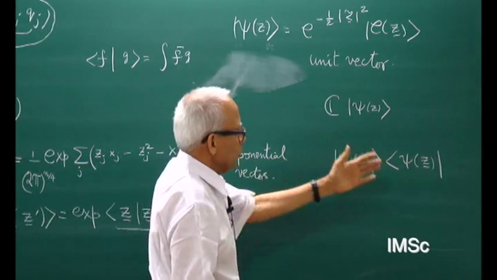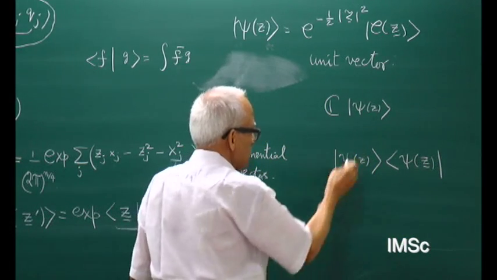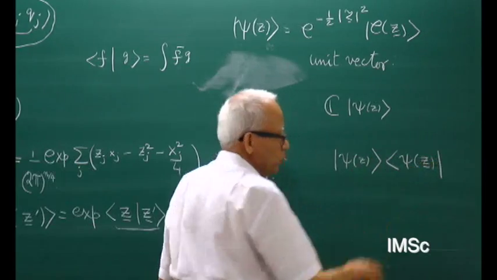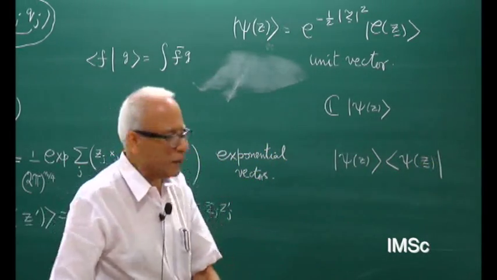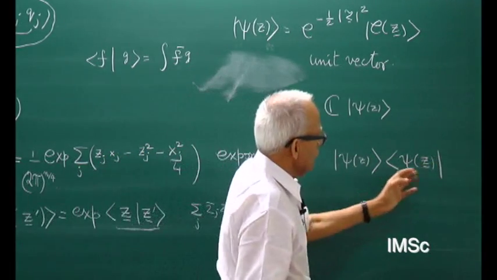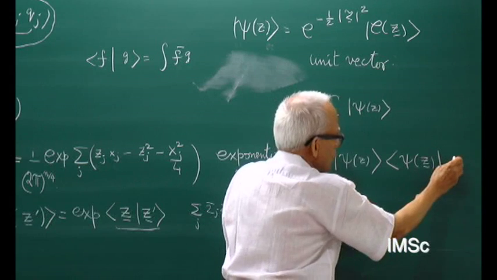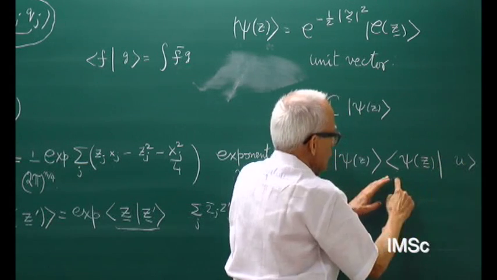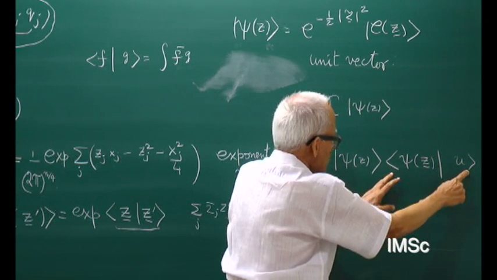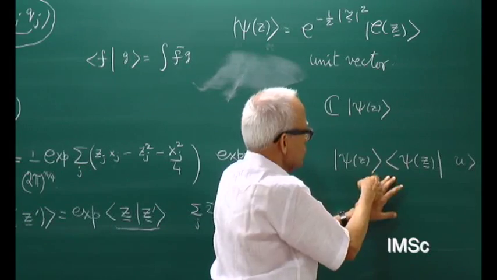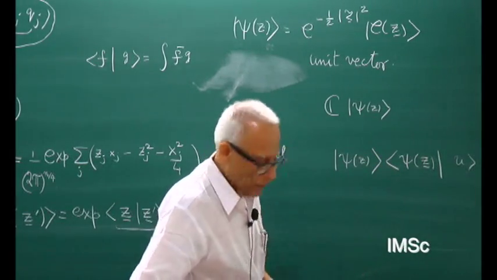This becomes a one-dimensional projection. A column vector multiplied by a row vector gives a matrix or an operator. In the same way, this is a linear functional, so if you put a ket vector here, this becomes a scalar times this. So, that is the projection.